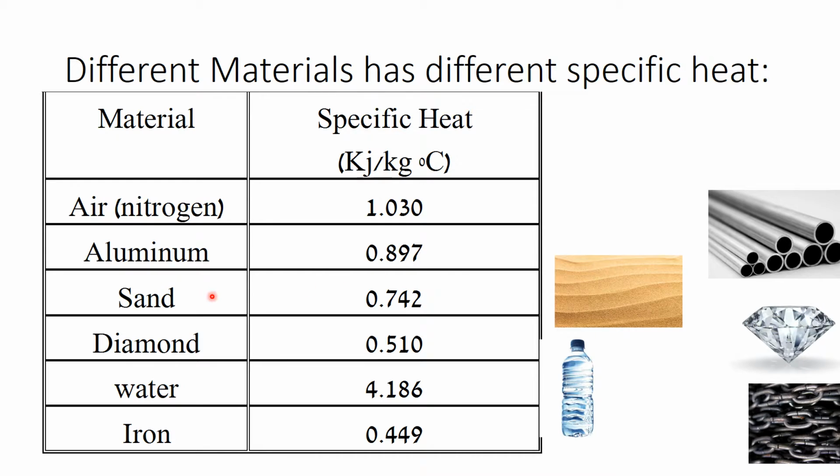And we can see that the specific heat capacity of the sand is a bit smaller, and that the water has a really big specific heat capacity. That means that we need a lot of energy in order to heat 1 kilogram of water by 1 degree Celsius. And that's an important fact.